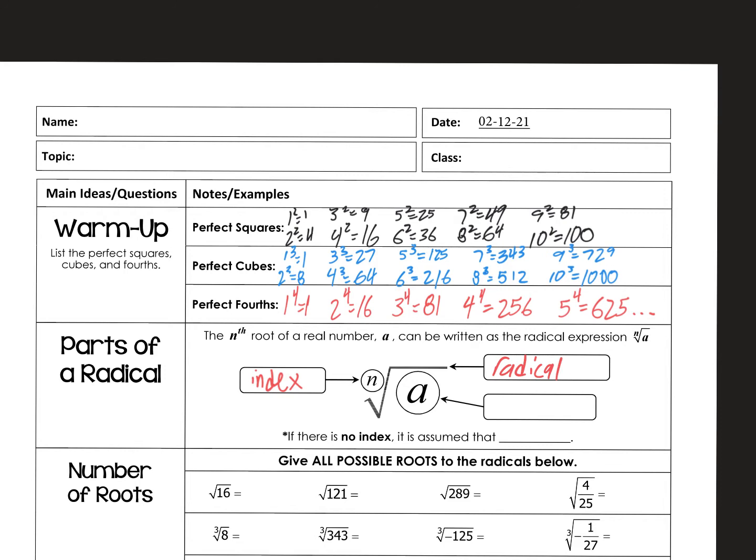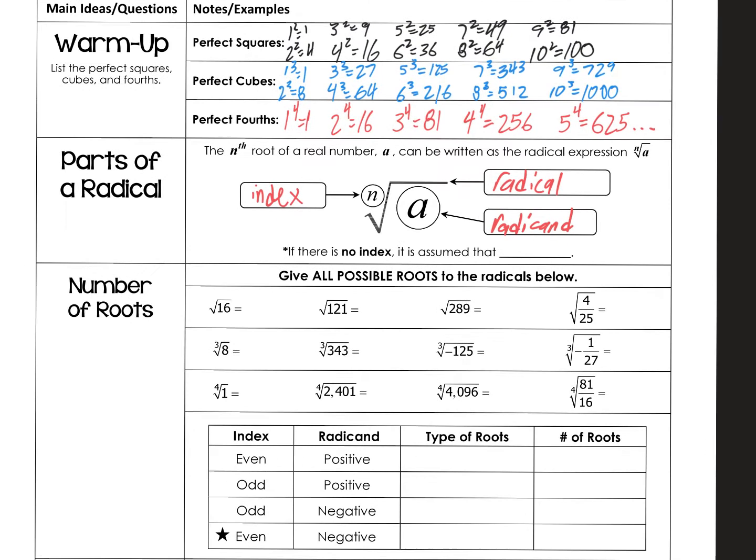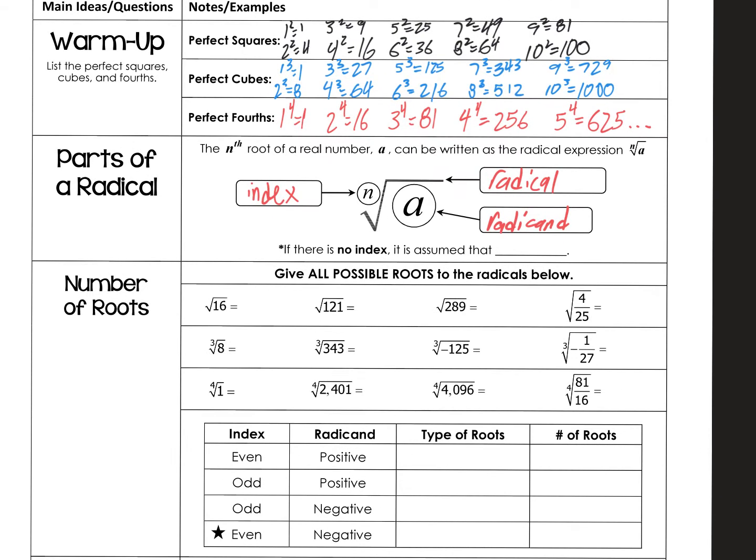And then what they call the radicand, which is the number inside of that radical, right? So if there's no index or no number listed, it's assumed to be a square root, which is an index of 2, right?